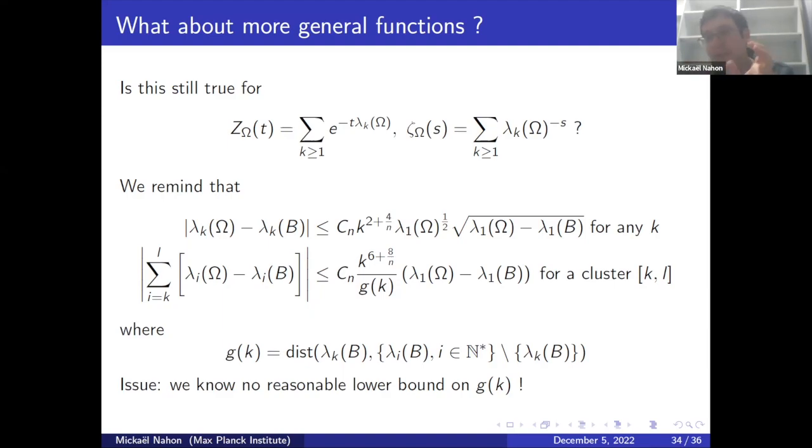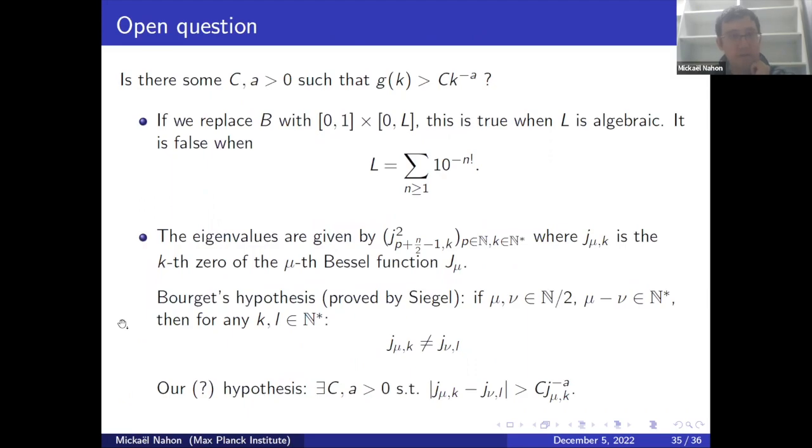So even if lambda k is degenerate, you look at the distance to the nearest eigenvalue that is not lambda k. And we don't know any reasonable lower bound on g of k. So I can leave this open question: is there some lower estimate of g of k by, for example, a polynomial function?